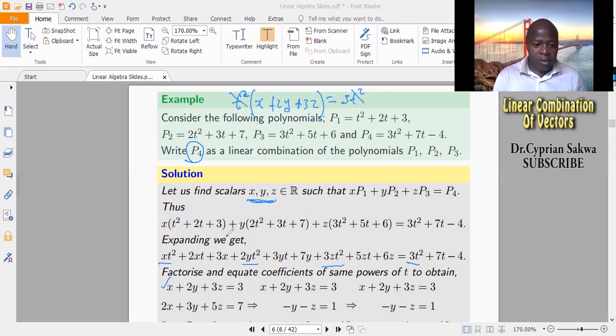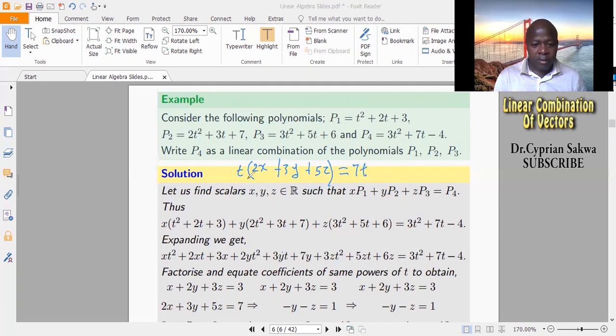Now I also do the same for those that have t. Those that have t, I also equate them. Add them on the left and equate them to the one on the right. So the ones that have t, let me factor t out. I have 2x plus 3y plus 5z equals 7t.